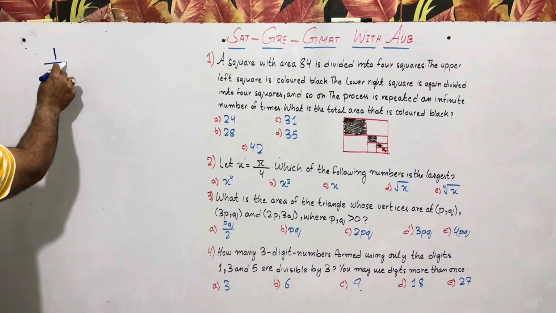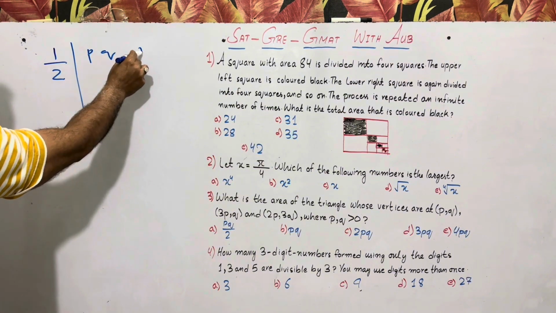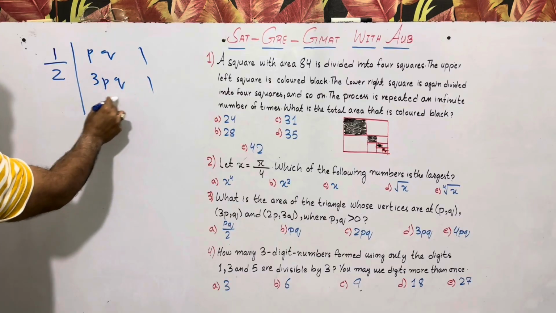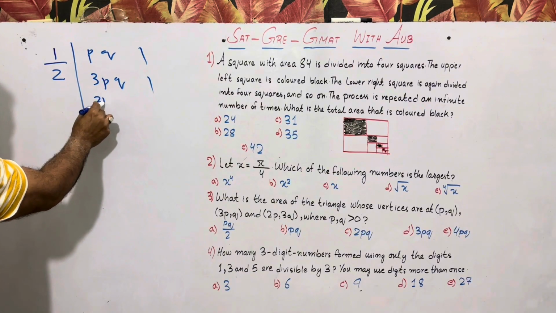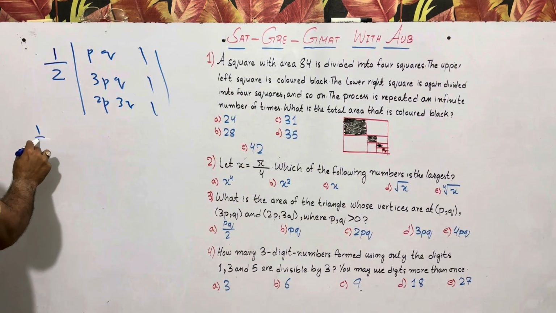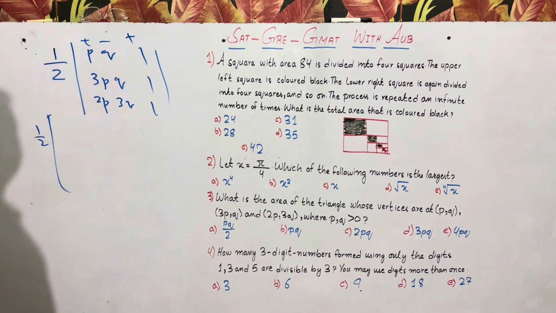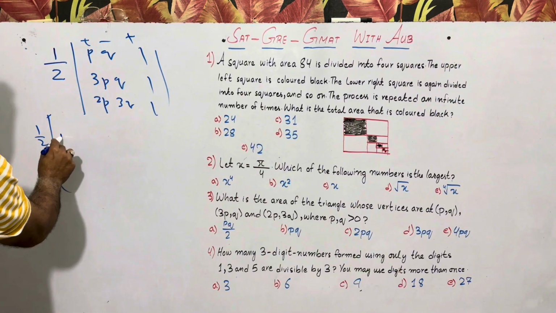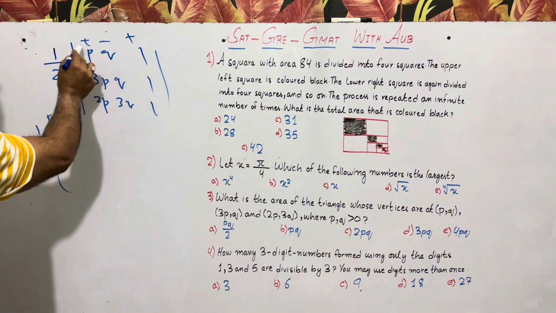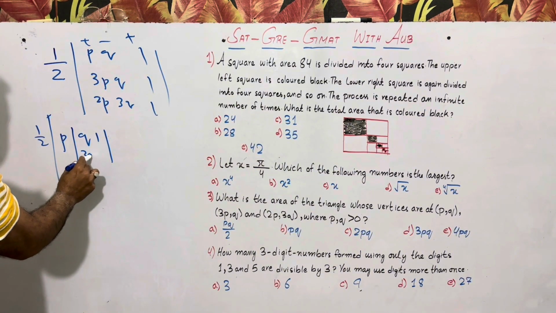Its area is given by 1 over 2, or half, times the determinant taking the coordinates p, q, 1; the second row 3p, q, 1; and the next one 2p, 3q, 1. Expanding this, keep the 1 over 2 intact. According to the Laplace expansion, taking p positive, deleting the first row and first column, we have a 2 by 2 determinant, q 1, 3q 1.